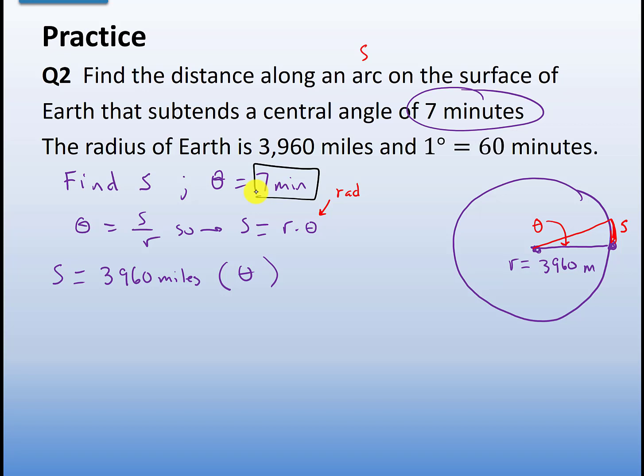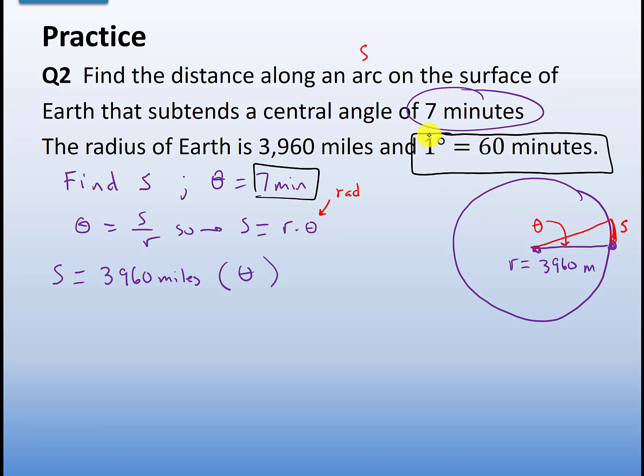So a tiny angle measurement does make a big difference. And so there are subdivisions of 1 degree. We can subdivide a degree into a smaller unit of measure called a minute. So 1 minute is a fraction of a degree. In fact, there are 60 minutes in a degree. And if a person needs to go even further, there are 60 seconds in 1 minute.